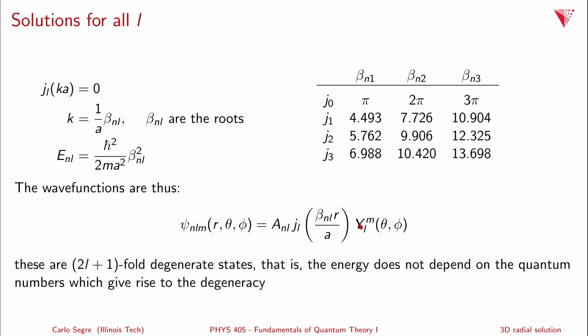And so the energy is independent of M. And as we saw before from the spherical harmonics, the values of M which are valid are the values that go from minus L to plus L. And so that's 2L plus 1 different spherical harmonic functions with the same value of L. And that means that these all have the same energy and they're 2L plus 1 fold degenerate states.